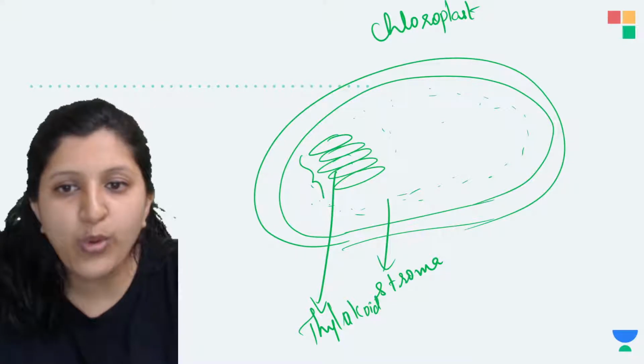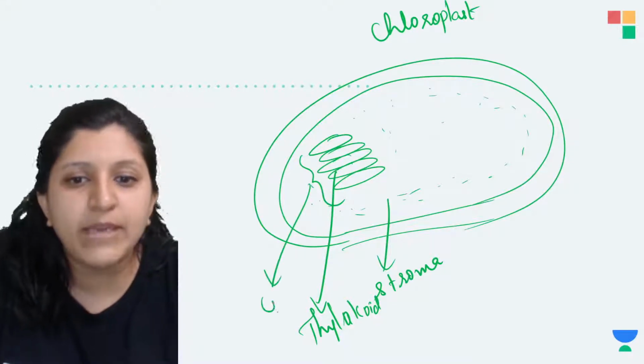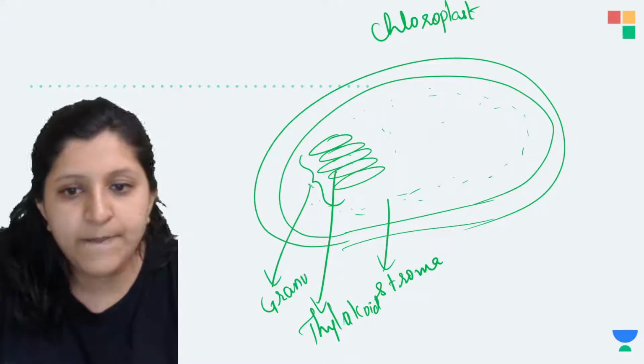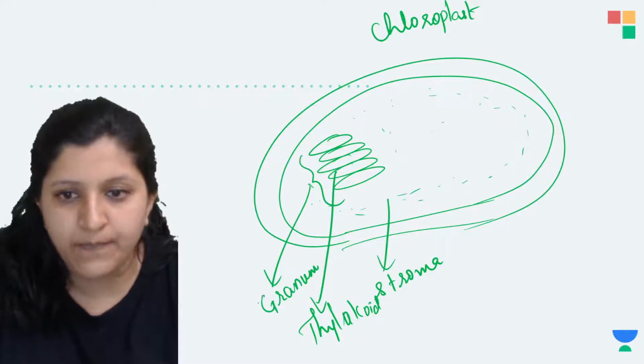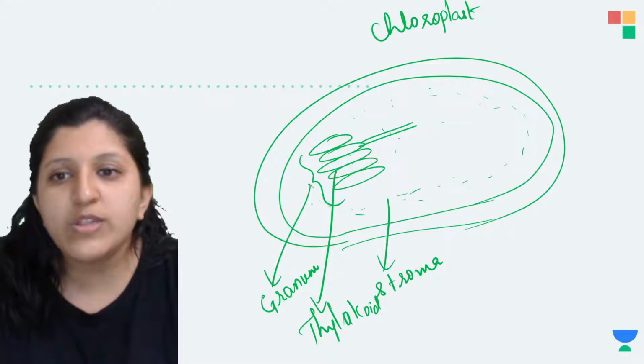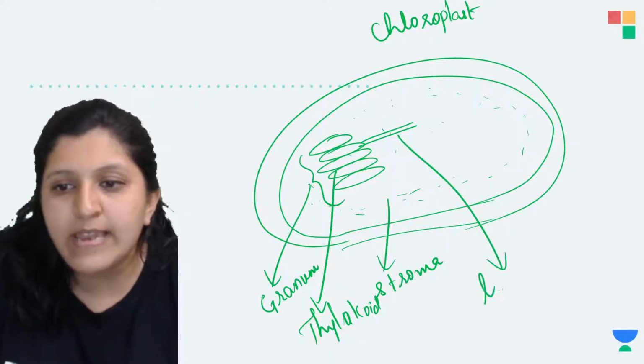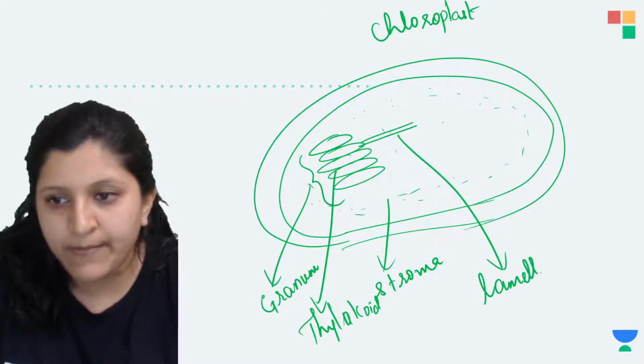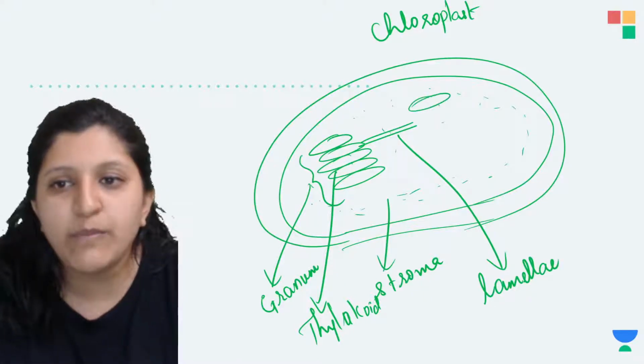Now this whole thing when we are drawing can be called a granum. There is a connection, a link, called the stroma lamellae. There is one more we can draw.